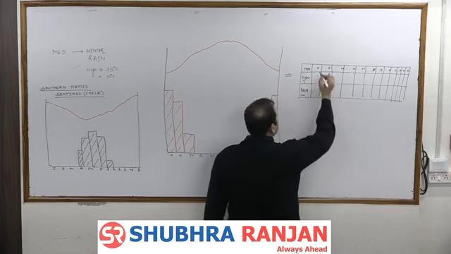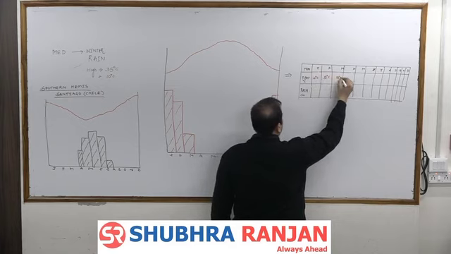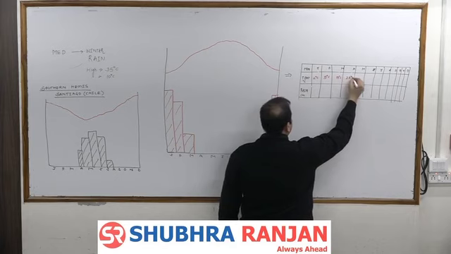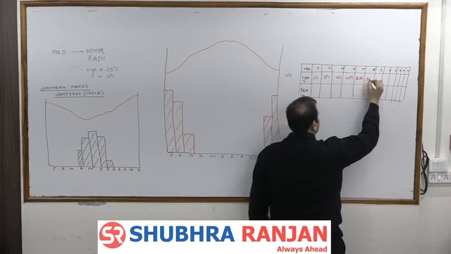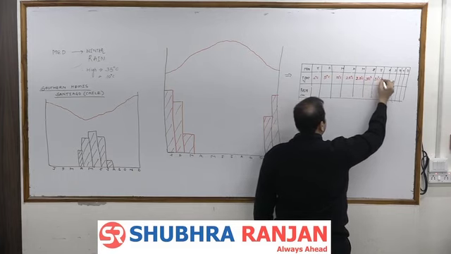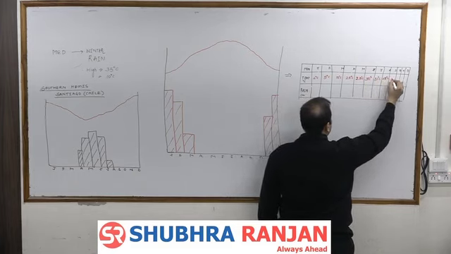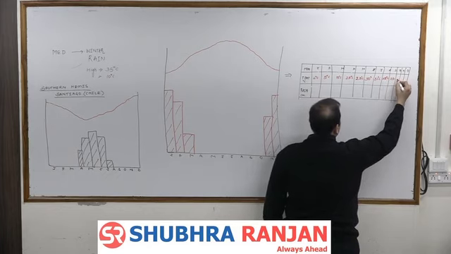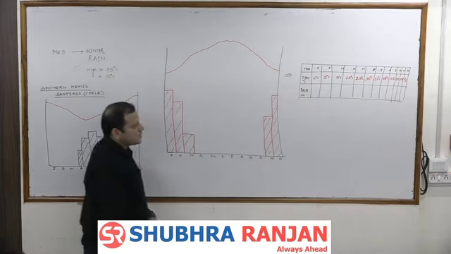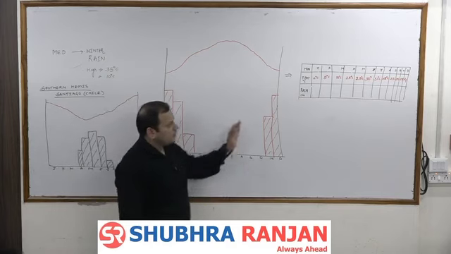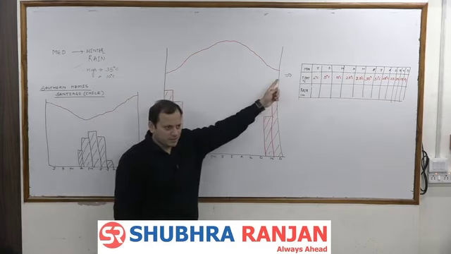For example, temperatures are very less. That means highest temperatures are in the month of April, May, June, while the lowest temperatures are in the month of, is it visible at the back?